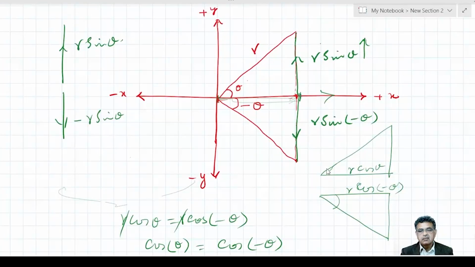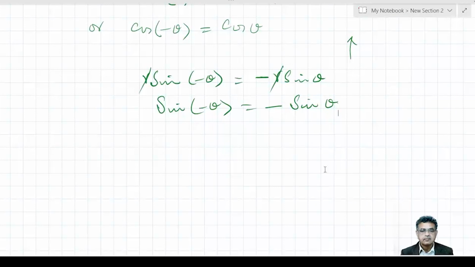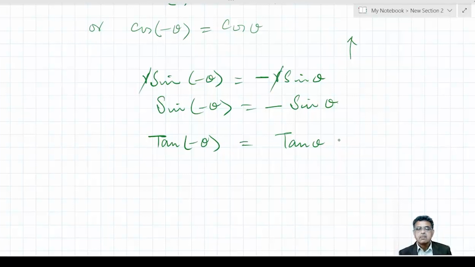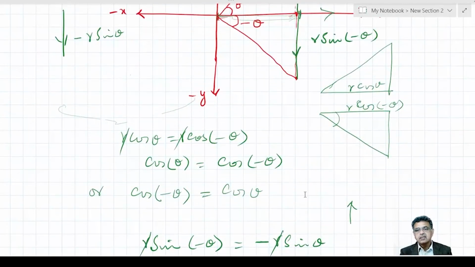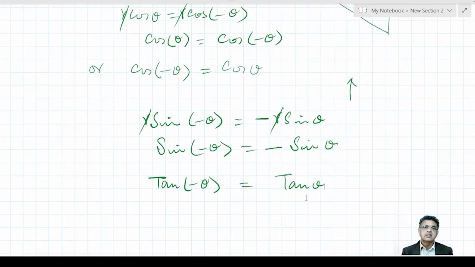Similarly, tangent minus theta and tangent theta. Now, as I have suggested earlier in other videos, it is better to understand tangent with reference to gradient.